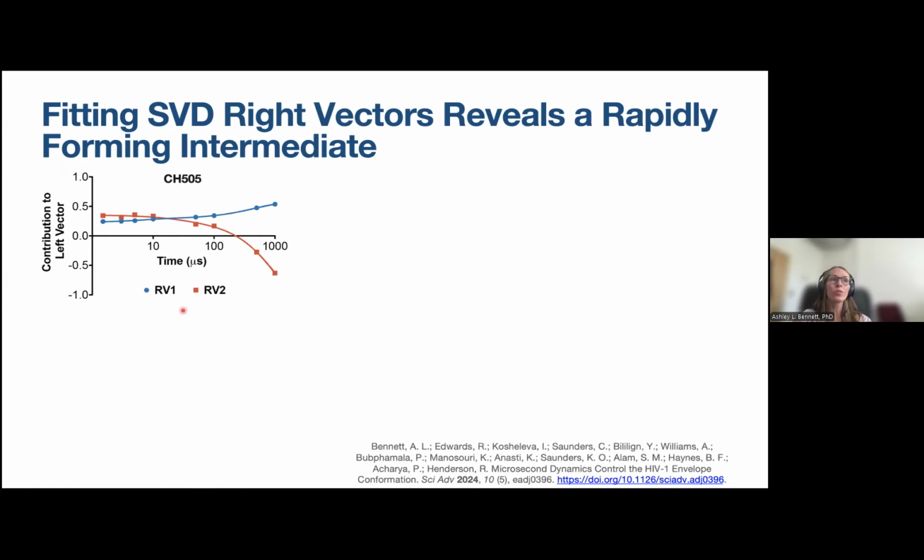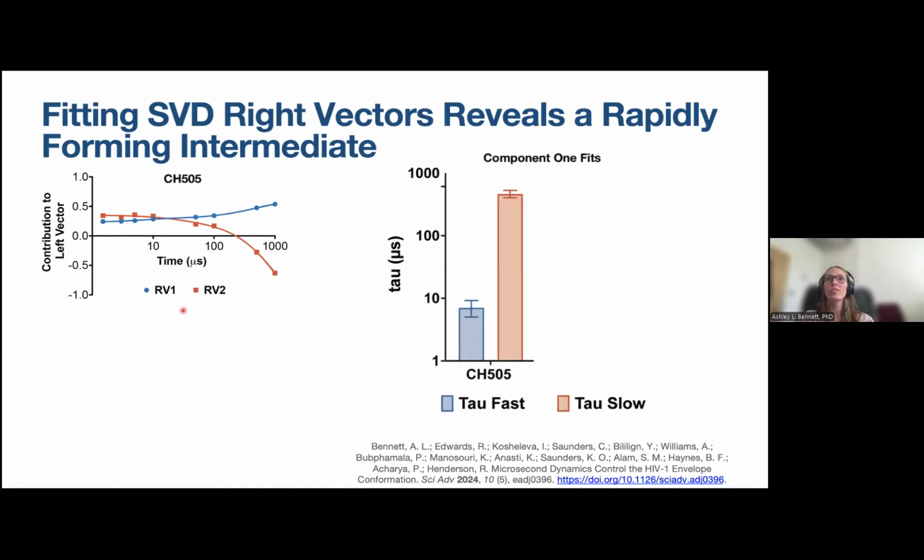So for the first right vector, we fit a double exponential model, and then for the second, we fit a single exponential model. And from these fits, we found that there was a fast motion and a slow motion. And the single exponential fit to the second component had a value consistent with this slower component here.